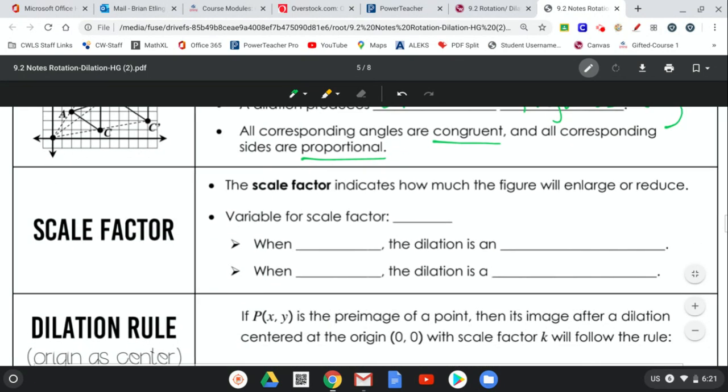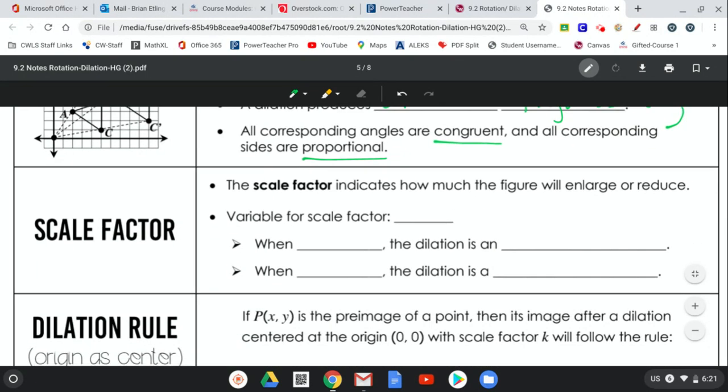So the scale factor, we've worked a lot with scale factor. The variable you're going to see for scale factor is k. K, just a variable, represents the scale factor. K is actually going to be a number in the problems we're working through. But just so we can get an idea of when the figure will be enlarged or reduced: when k is greater than 1, a dilation is an enlargement.